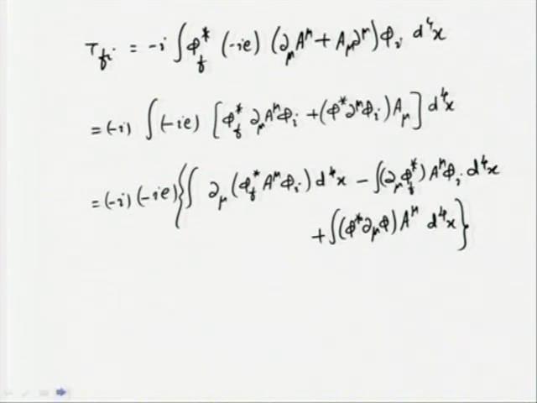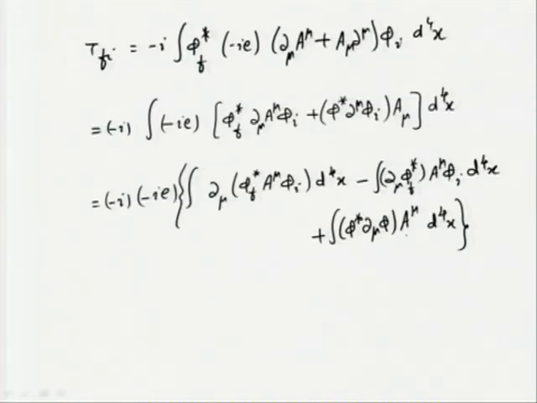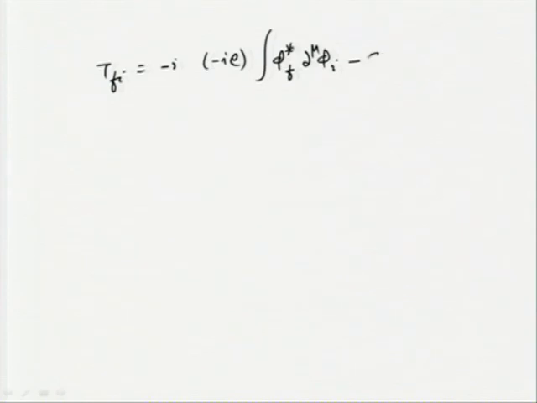We have −i T_fi equal to −i e integral of φ_f* ∂_μ φ_i, which is essentially the last term here, and the second term with a minus sign there, minus ∂_μ φ_f* φ_i, multiplied by A^μ d⁴x.